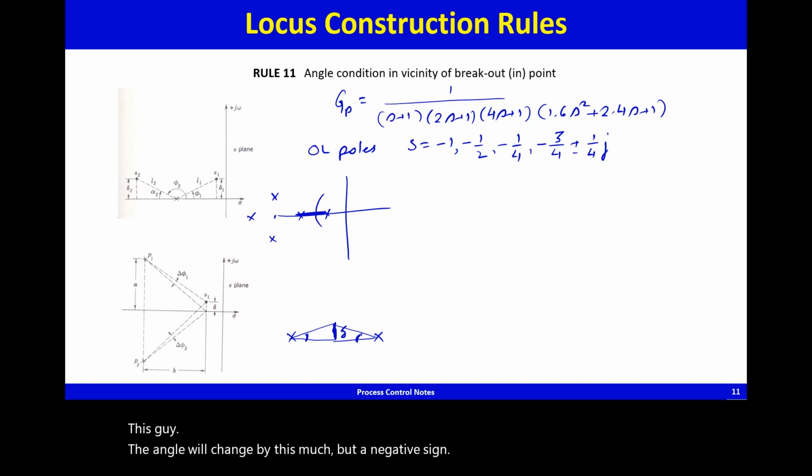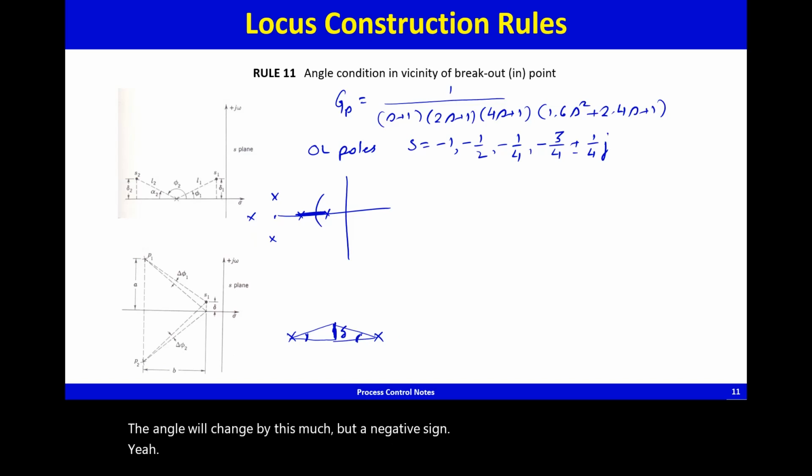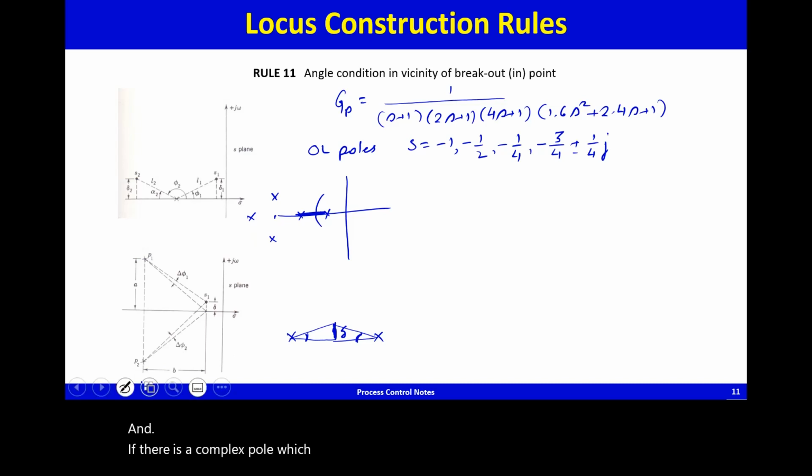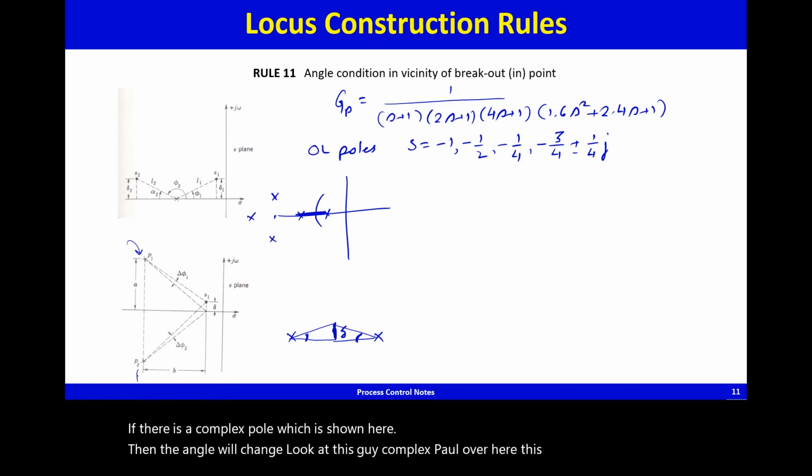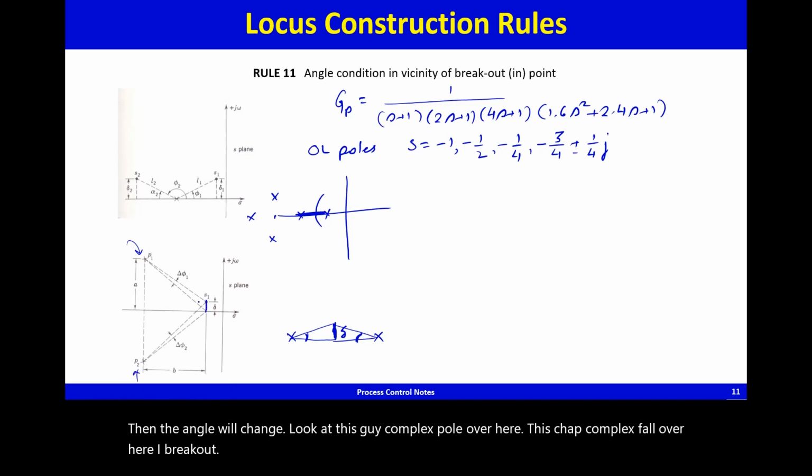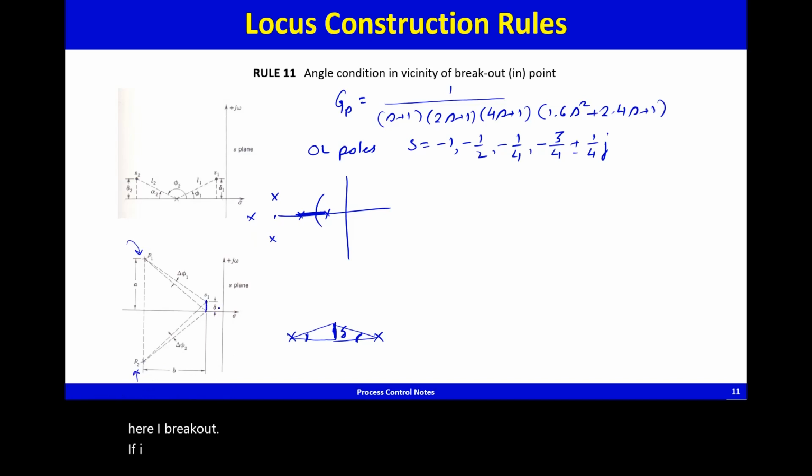And if there is a complex pole shown here, then the angle will change as well. Look at the complex pole over here and this one over here. If I break out by delta, then the angle because of P2 changes by delta phi 2, and the angle because of P1 changes by delta phi 1.